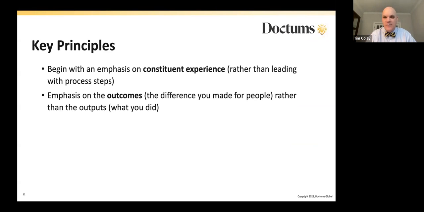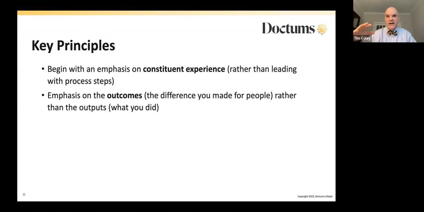Obviously, we're thinking about outcomes, and here's very plain speaking about what we mean by outcomes. And I think you'll like this. We think about the difference you're making for people rather than the task you did or the outputs. We think of processes and then outputs and then getting to outcomes.